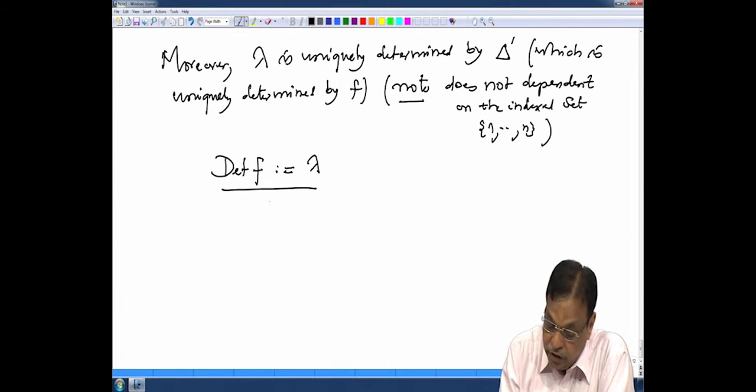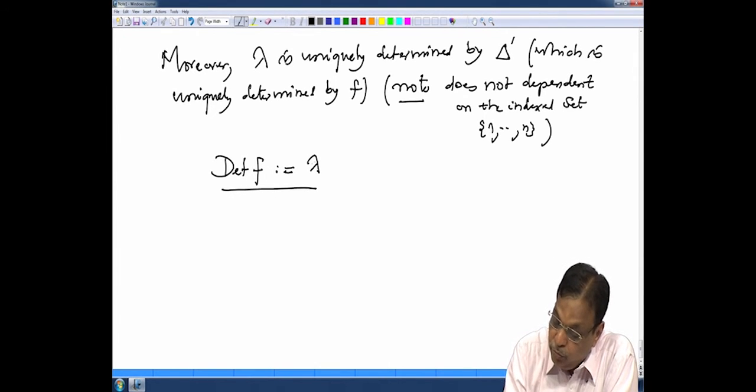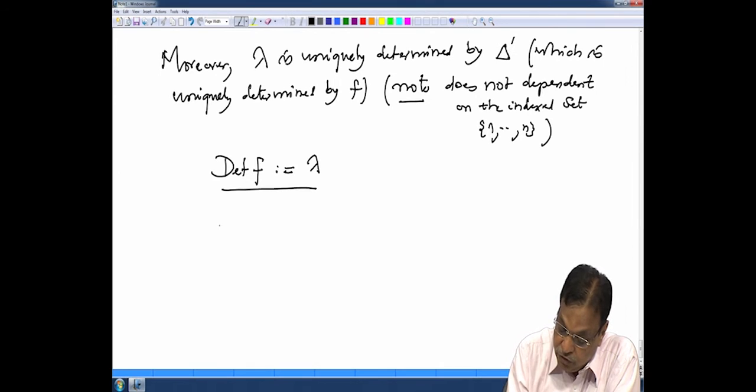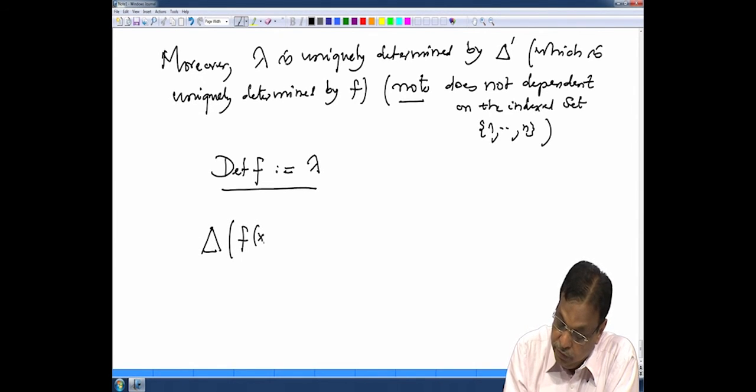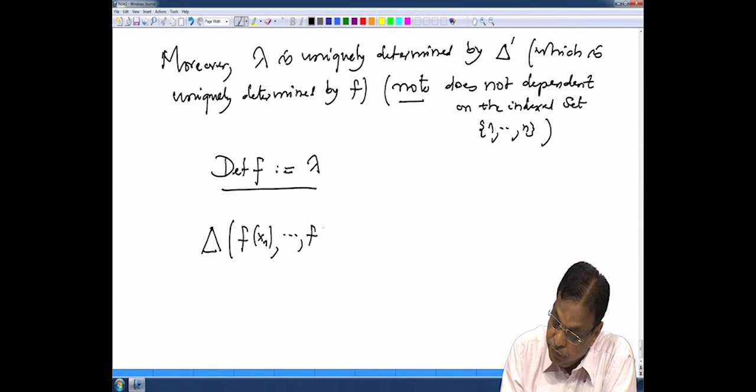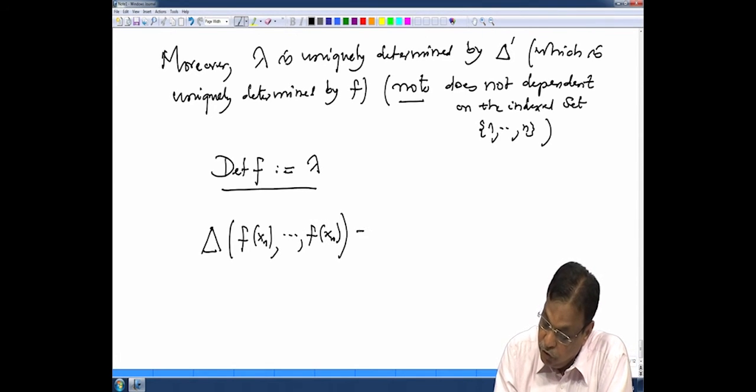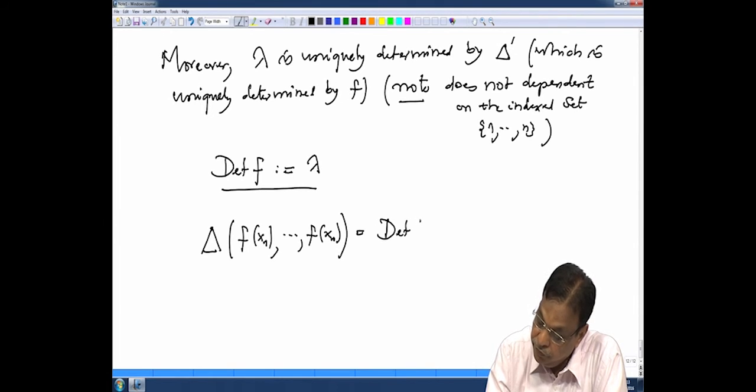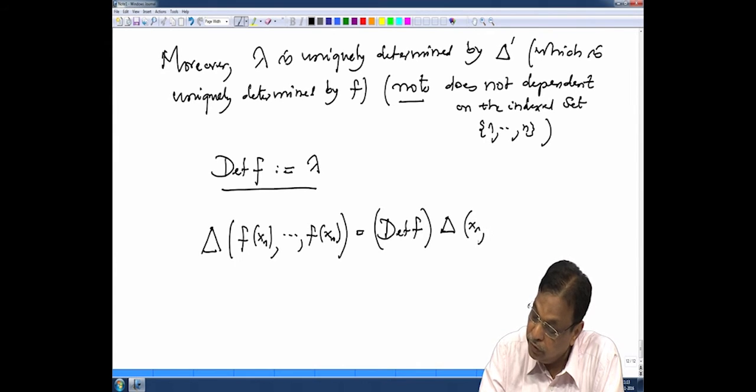Okay, so, therefore, the definition of the determinant, when you plug it in, we get a formula: delta of f of x1 to xn is equal to determinant of f times delta of x1 to xn.